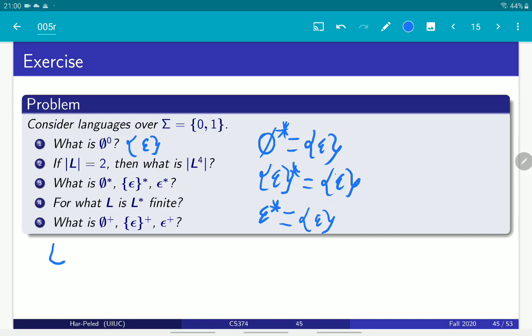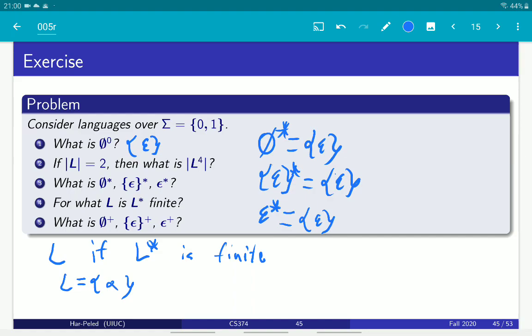This is a cute problem. What is L if L star is finite? So the key observation is that if L contains any string, even just a string with a single letter, then L star would be infinite. If L has one string which is not the empty string, then L star would be infinite.